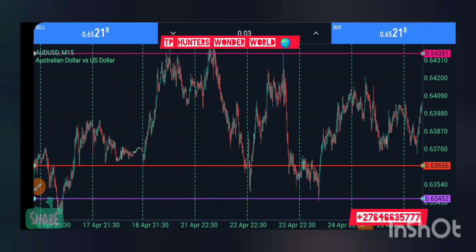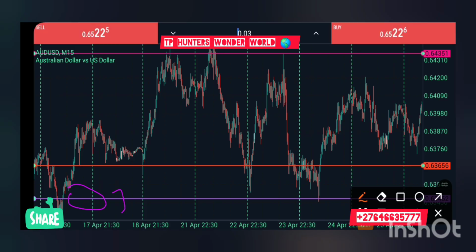We have the first breakout here as a purple horizontal. I can mark it 1. We have the second breakout here as a red horizontal. I can mark it 2. So, like I said, price will always use the second breakout.